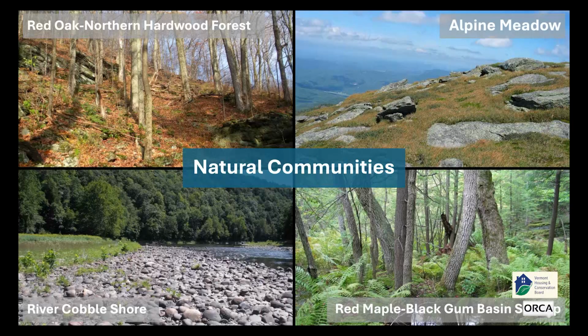As the climate changes, the individual species in each of these natural communities is probably going to change quite dramatically if we think out like a couple hundred years. But I think we can have some confidence that the top of Camel's Hump is always likely to support different species than what's in the river shore or the basin swamp or the mid-slope hillside.